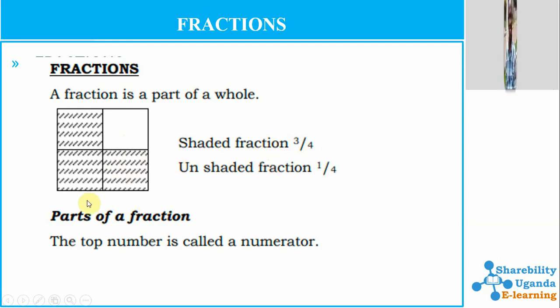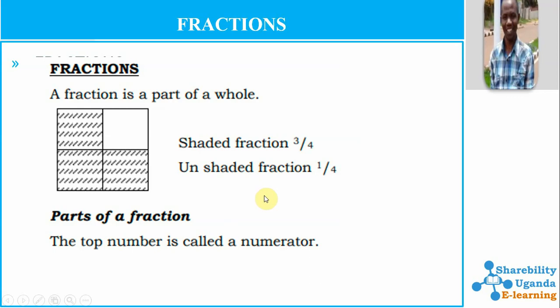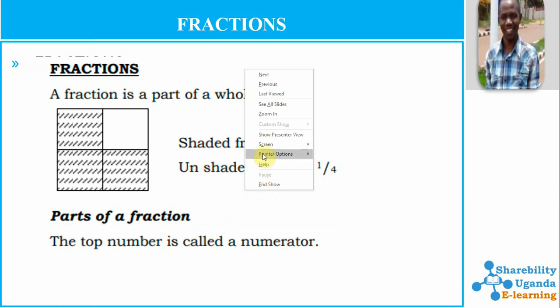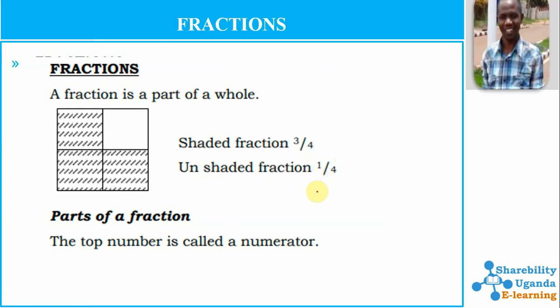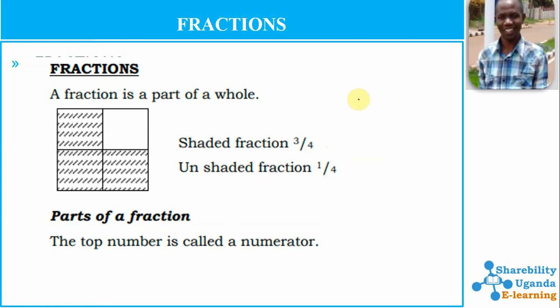So in really understanding these parts of fractions, we say the top number is called a numerator. Any top number, we call it a what? We call it a numerator. This is the part we are talking about.